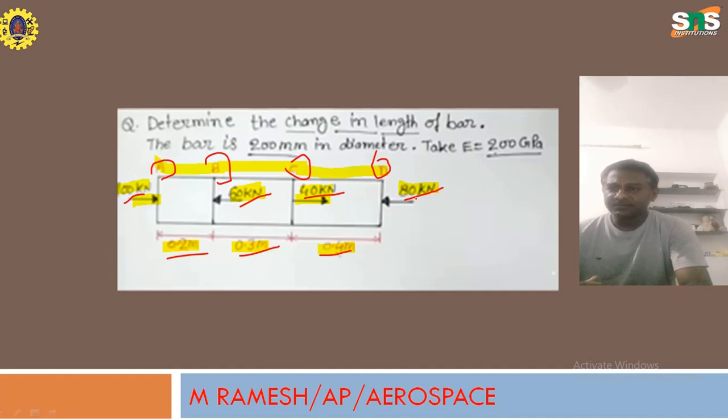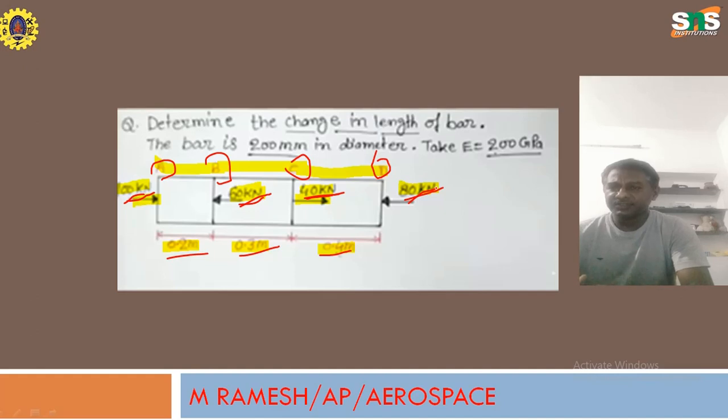We take towards right as positive, towards left as negative. 100 plus 40, both towards right, is 140 kilonewton, and towards left 60 and 80 kilonewton is also 140 kilonewton. Both are the same and opposite, so the net effect is 0. So the given problem is under equilibrium condition, and we can proceed.